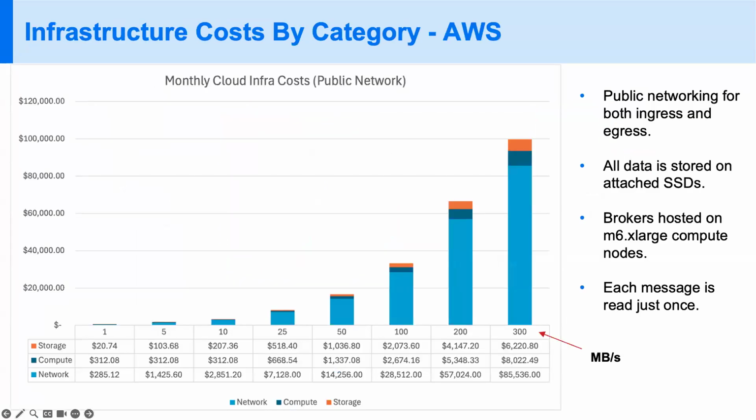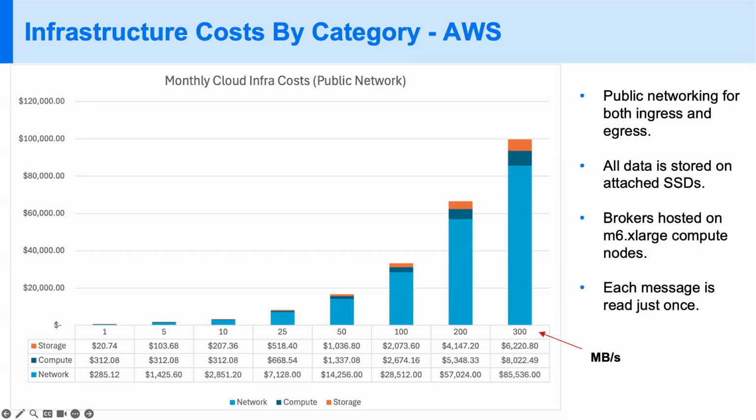Now, let's make some basic assumptions. This shows the hypothetical infrastructure cost for a traditional Kafka deployment on AWS, where you deploy three brokers, each in a different availability zone for redundancy and high availability, using attached SSD-quality EBS volumes to store 100% of the data and keep that data for a 24-hour period only.